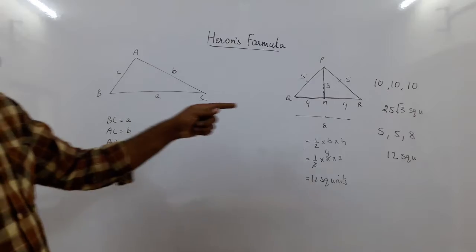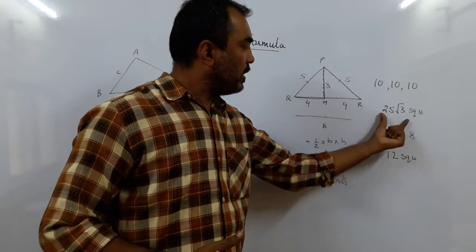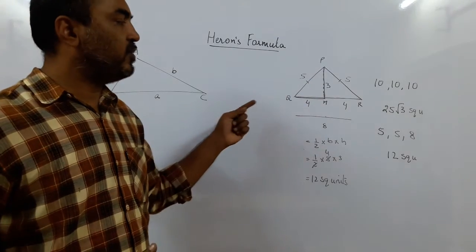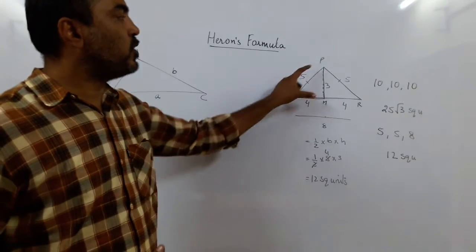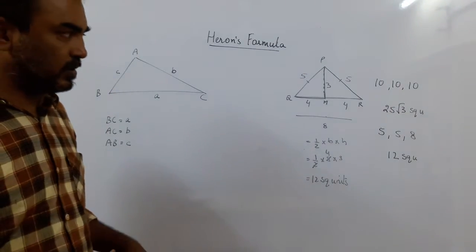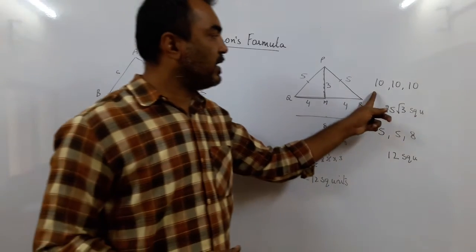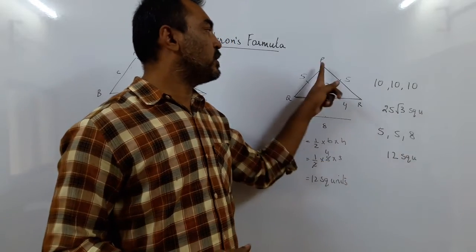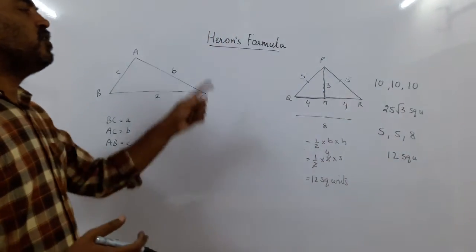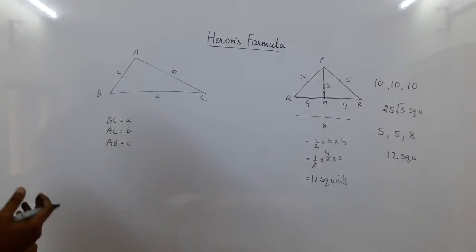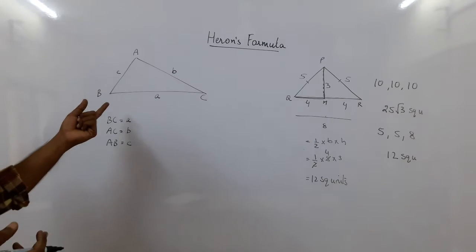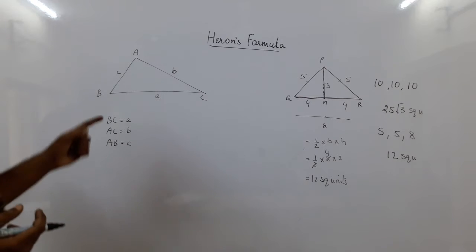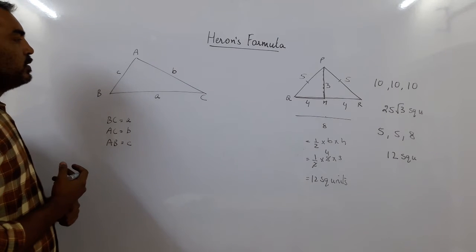But in the equilateral and the isosceles, the altitude was not given, only the three sides were given, but we found out the altitude using the Pythagoras theorem. Here also, the altitude is not given, and we have to find out the altitude.